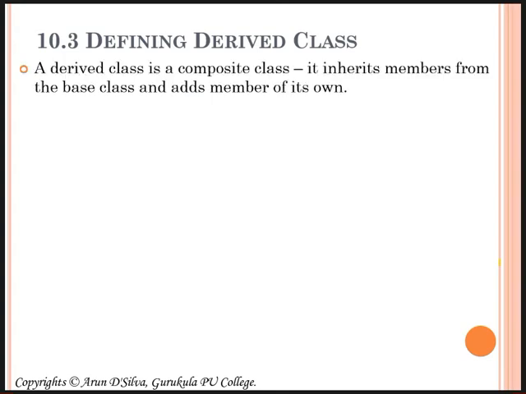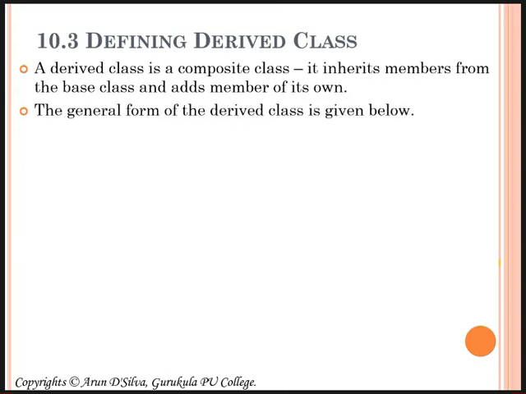Now a derived class is a composite class, meaning it inherits members from the base class and adds members of its own. You can have its own members, and you can also take from the existing class.